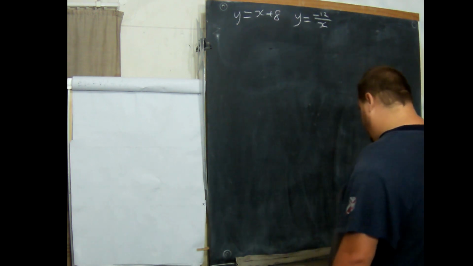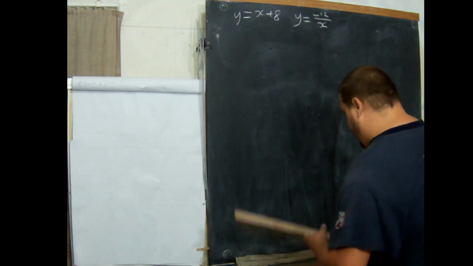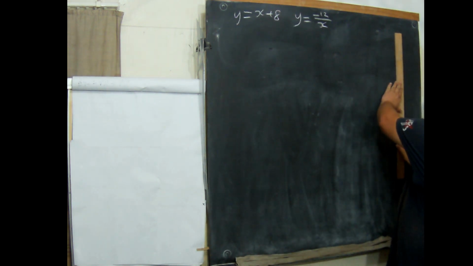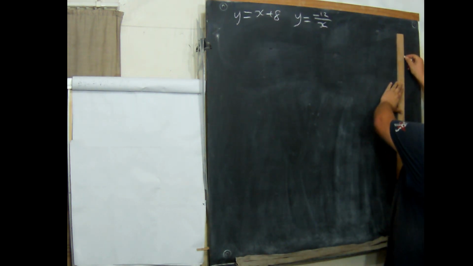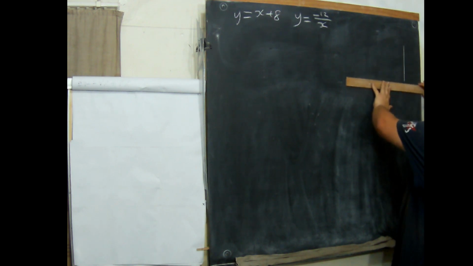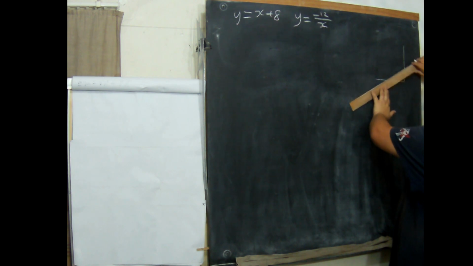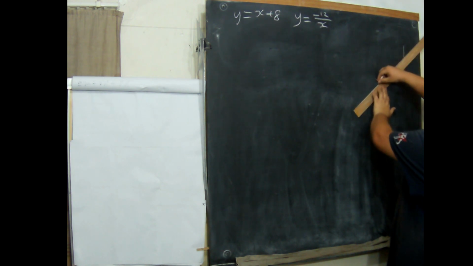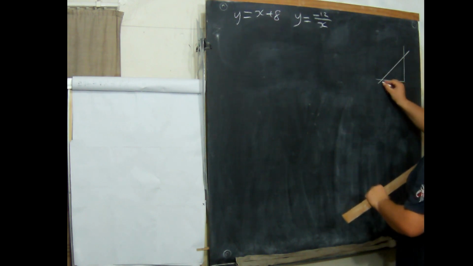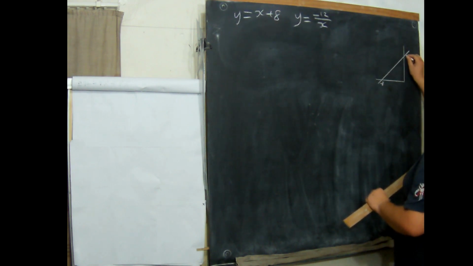Now I'm going to draw the graph. The question says that the graph is in the second quadrant, so it's a small graph. That's minus 8, and that is 8.